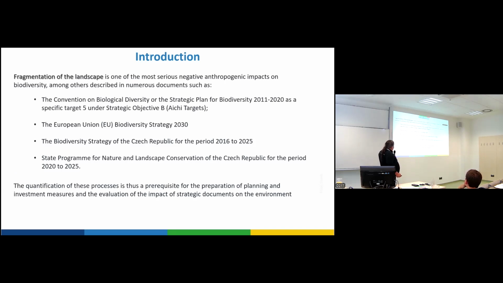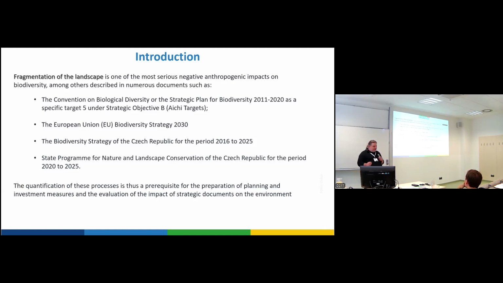And of course, a very short introduction, you all know it: landscape fragmentation is one of the most serious negative anthropogenic impacts on biodiversity, landscape, and so on.